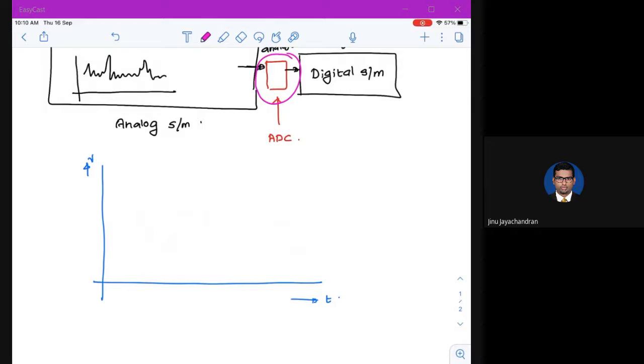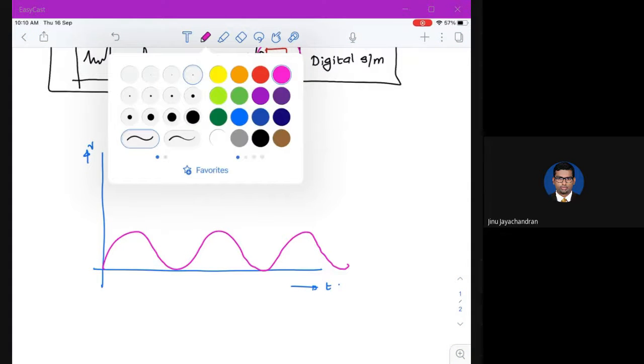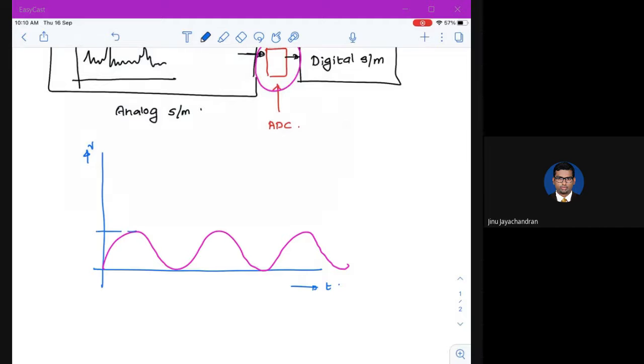Let me start from the 0 point. All these things you might have already studied; I'm just refreshing that. So let's say this is 5 volt, this is 0 volt. This is a continuous signal.